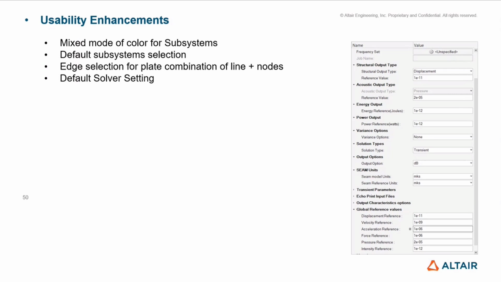Similarly, while creating subsystems, users asked for an option to select a plate. While creating a plate, if there is already an adjacent plate which has a line with multiple nodes, users asked for an option to select the lines and update it. We also added default solver options based on the unit system defined in the file preferences, which will help in reducing the time of defining them each time for different types of units.